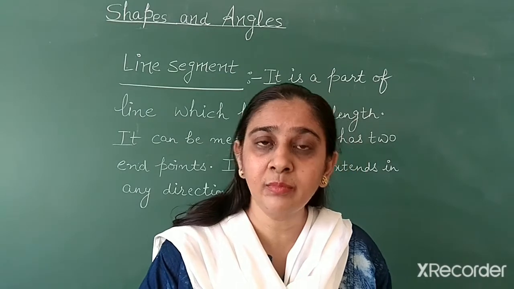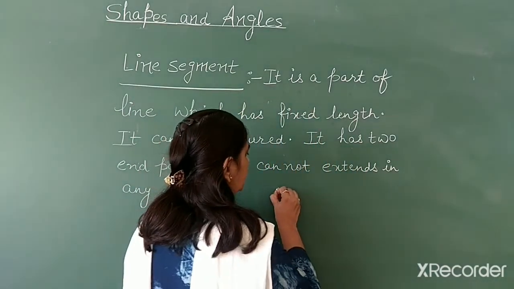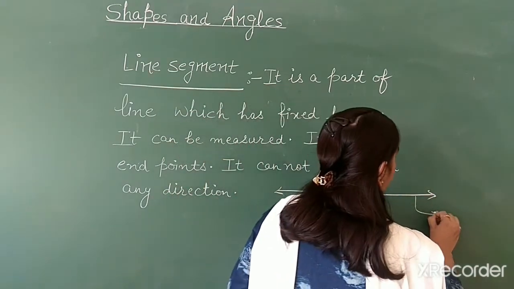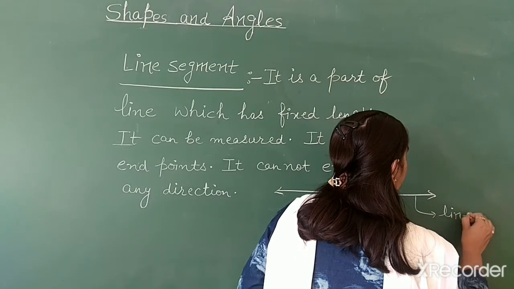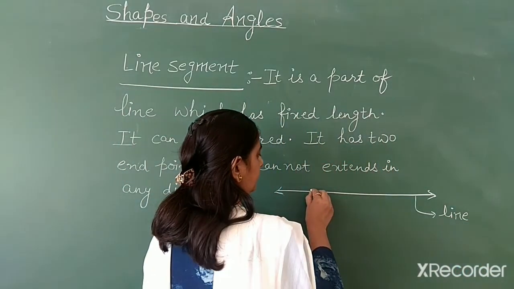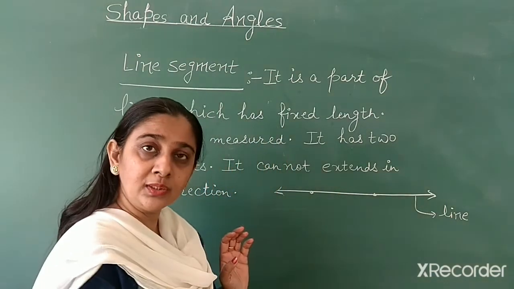Now, to understand the meaning of line segment, children, first of all, we will draw a line. So, you will see this is a line in front of you. Now, mark any 2 points on this line. You can mark these 2 points anywhere on it.